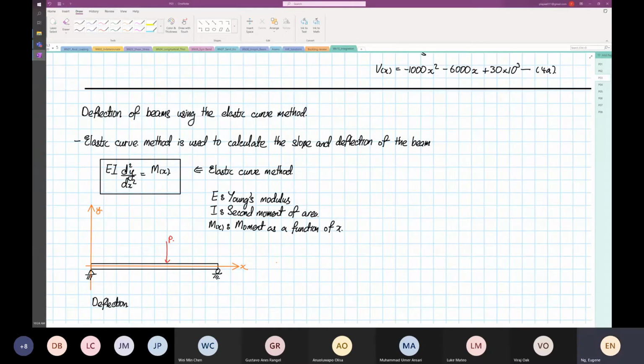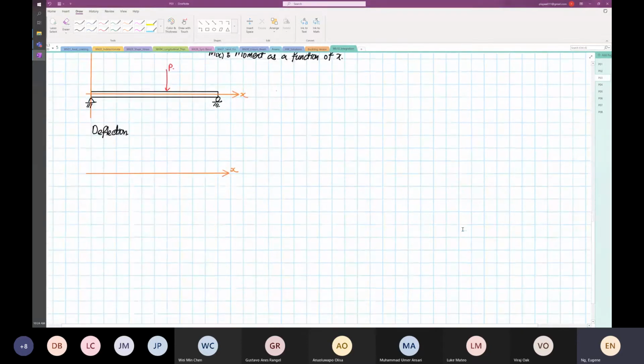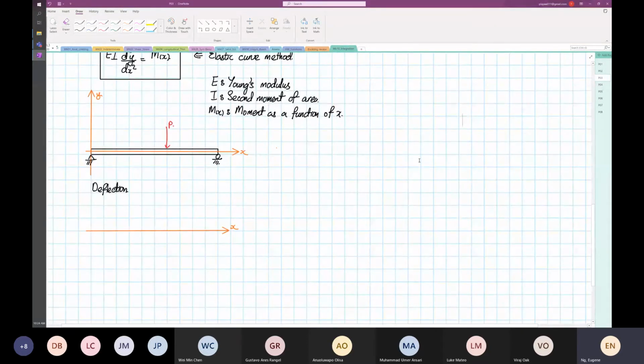This is our x, and I'm going to focus on the negative, because the deflection will go into the negative. Then we have our y. What I'm going to sketch now is the deflection of the beam. It's going to come down here, so this is the deflection of the beam.